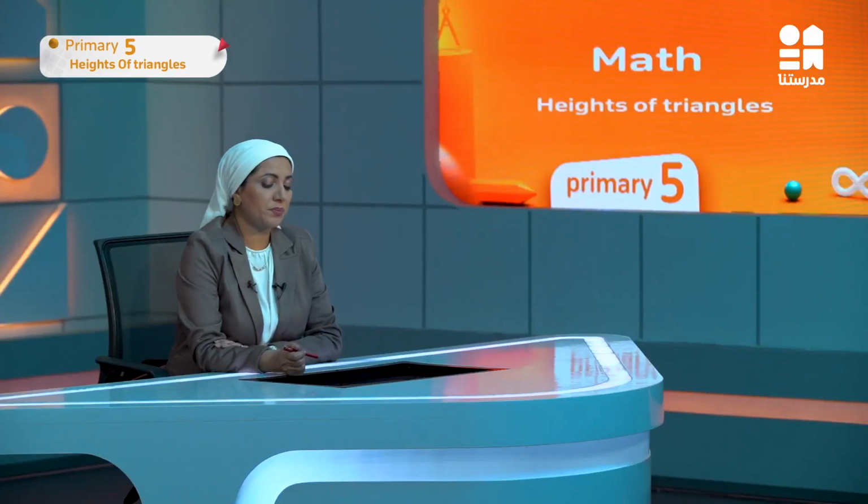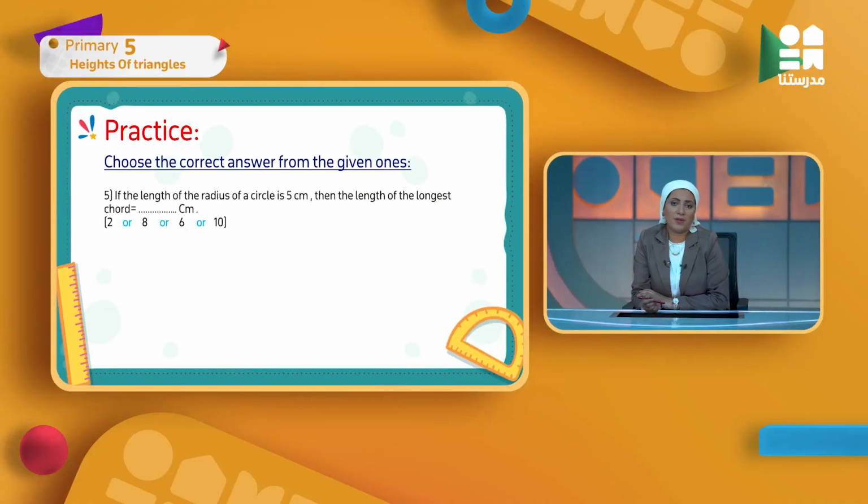Choose again, choose the correct answer from the given ones. If the length of the radius of a circle is 5 centimeters, then the length of the longest chord is, we said before that the radius is half the diameter, and the diameter is the longest chord that I have in a circle.